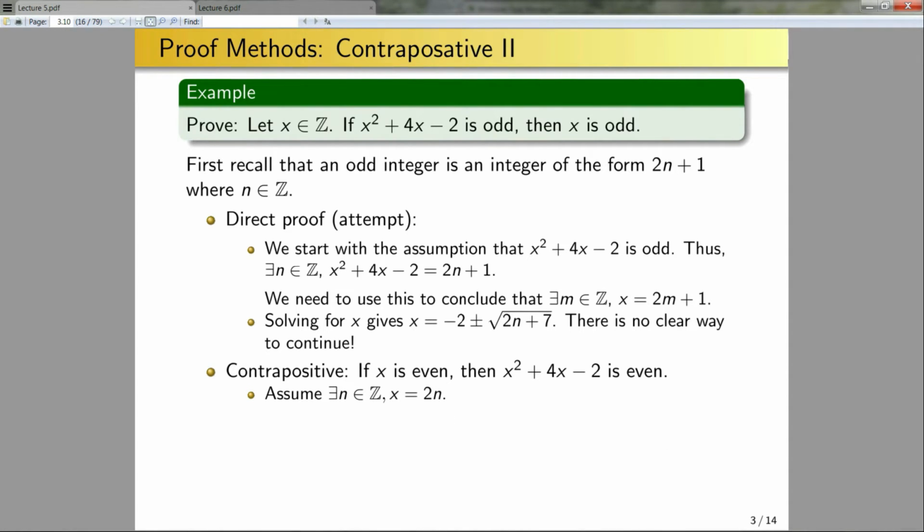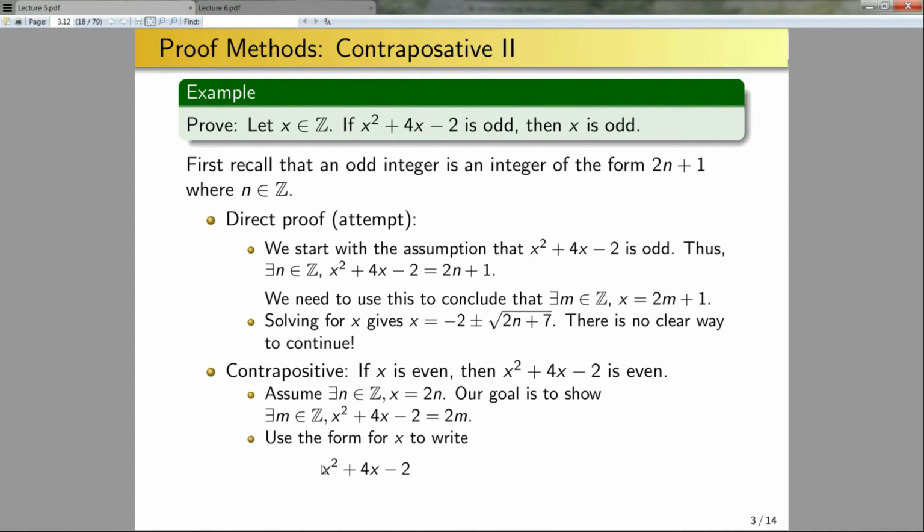So now what is our goal? Our goal is to show that there exists an m in Z such that this expression on the left-hand side is equal to 2m. How could I go about doing this? Well, I know by assumption that x is equal to 2n, so let's just plug in 2n for x.